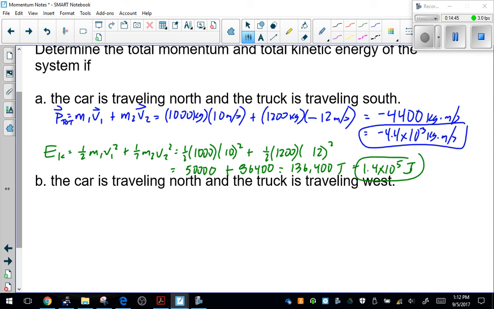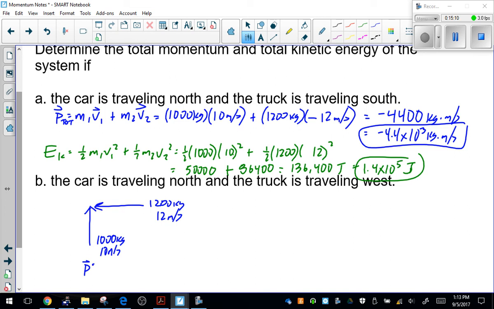Here's what I want to do for B. We got a car, draw a diagram here. A car that has a mass of 1,000 kilograms and a speed of 10 meters per second going north. And then we have one going west that has a mass of 1,200 kilograms and a velocity of 12 meters per second. And then they crash into each other. Good.